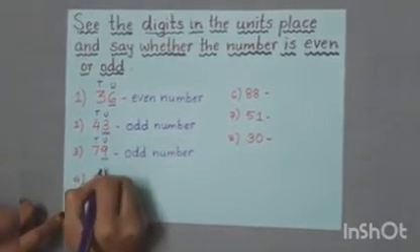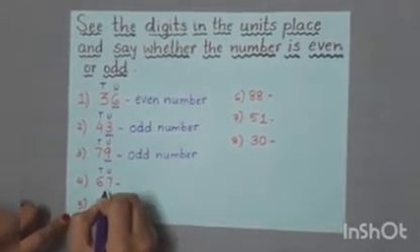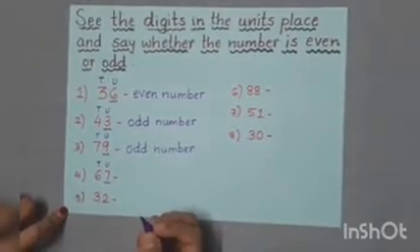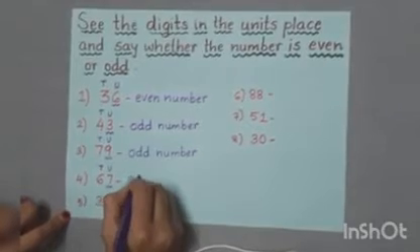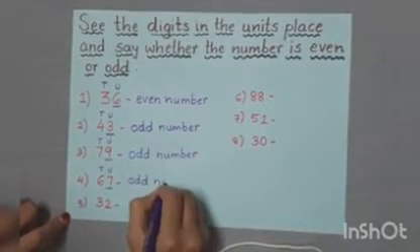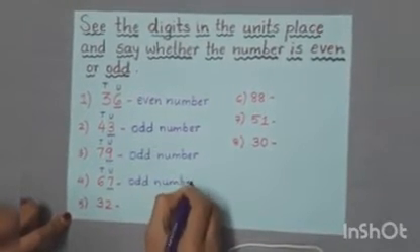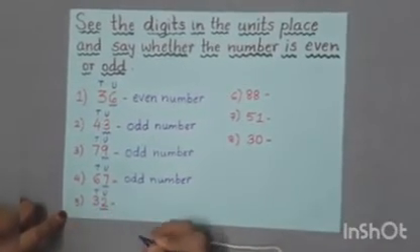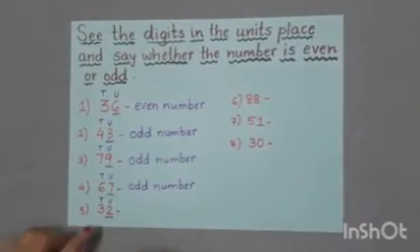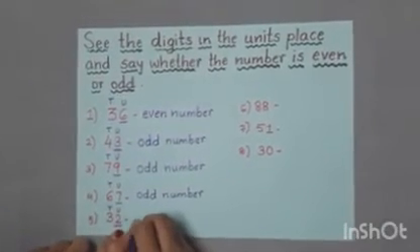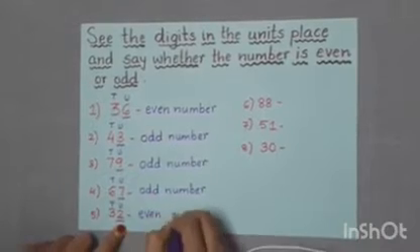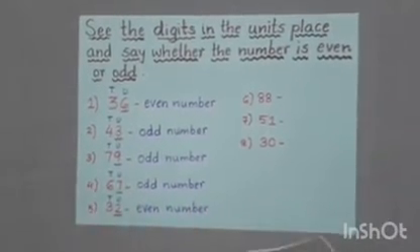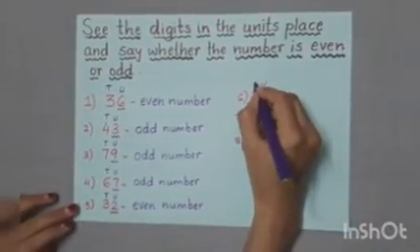The next I have is 67. I have to see only the units place. So in the units place it is 7. So 7 is a odd number. Next number I have is 32 and you have to see the units place again. In the units place I have 2. So 2 is a even number. Now here I have is 88.